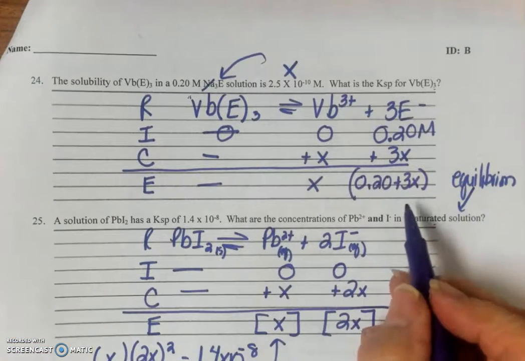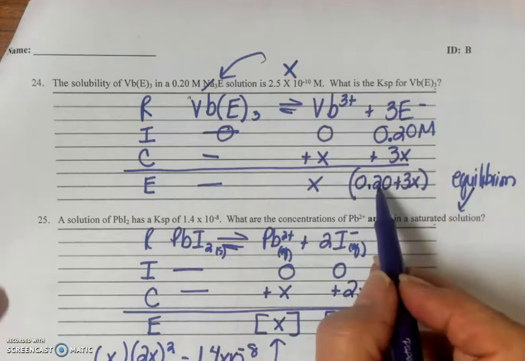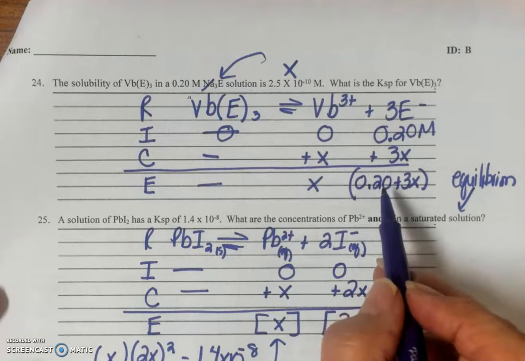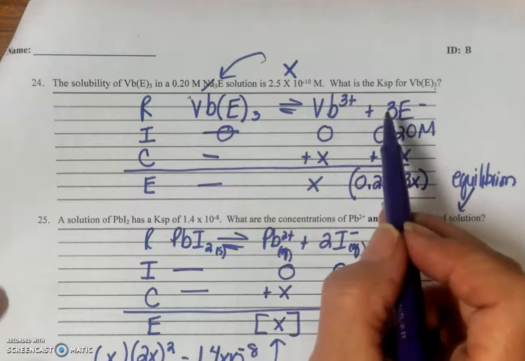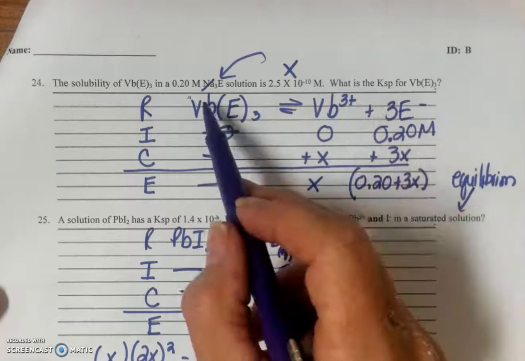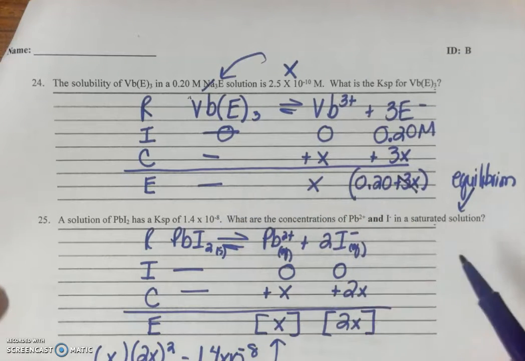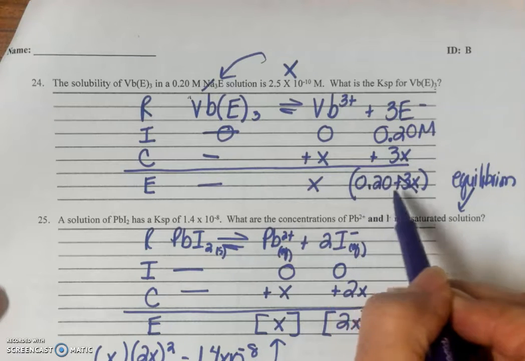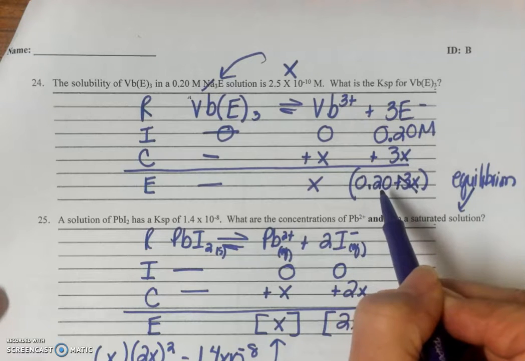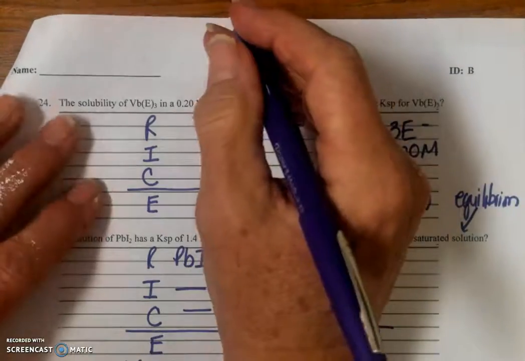Now remember that this is really small compared to this. What that means is whatever small amount of E- I have in solution from this process is negligible because it's just overwhelmed by that number. So I don't really have to worry about that. So I'm going to go up here and continue.